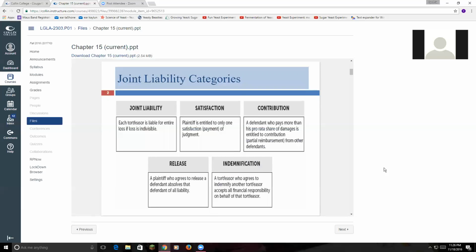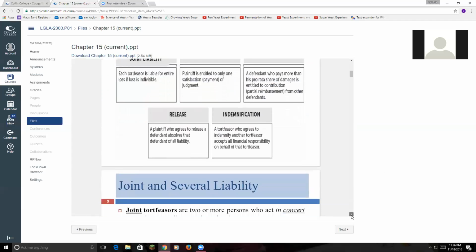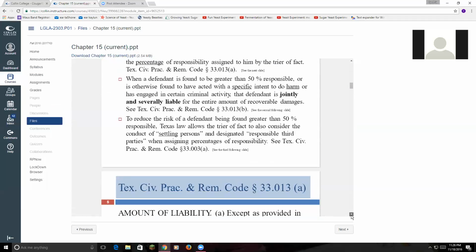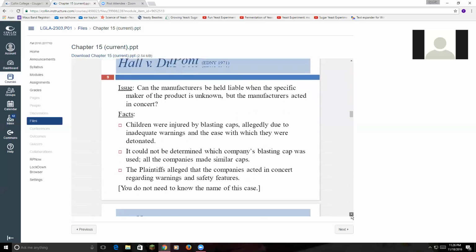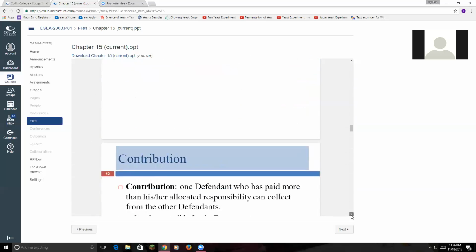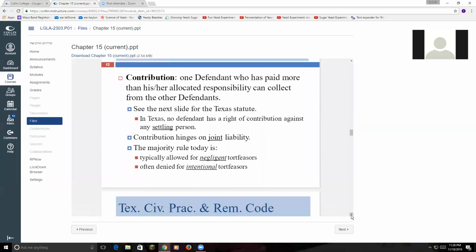I already touched on this briefly when I was giving the example of Ann being judgment proof, but Bob paying her portion. So contribution is when one defendant has paid more than his allocated responsibility, he or she can collect from the other defendants.